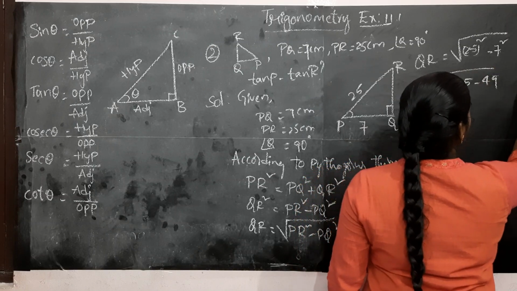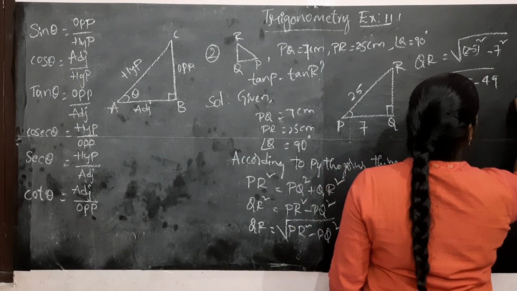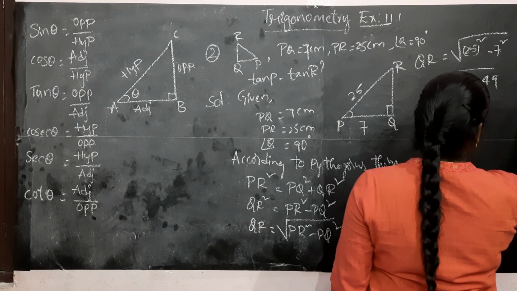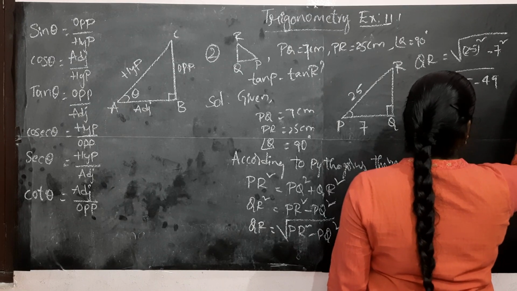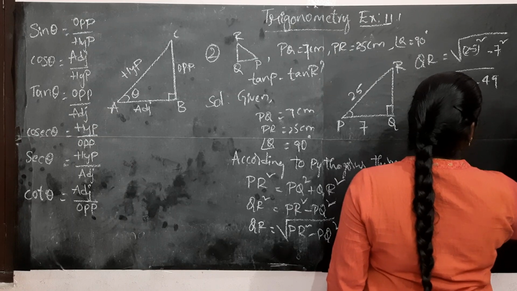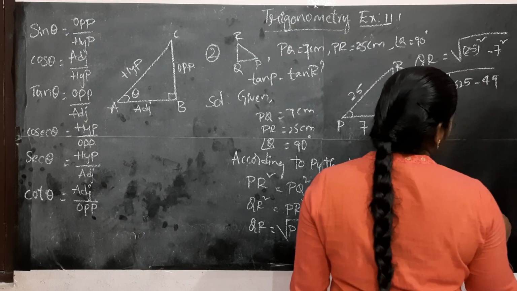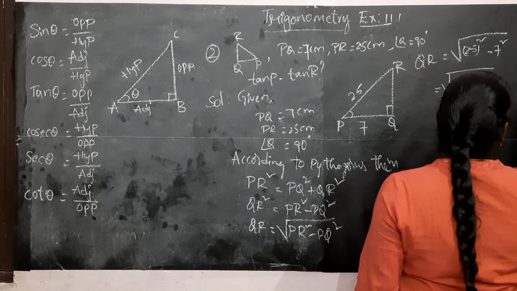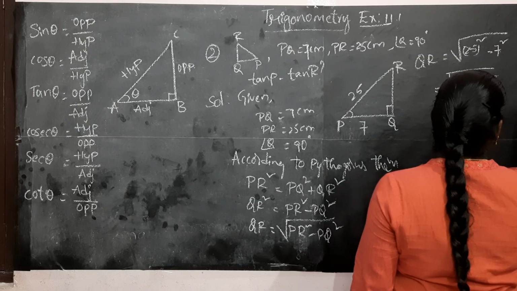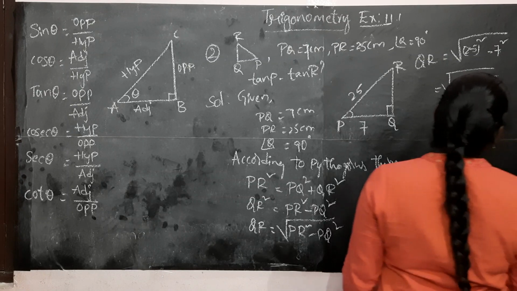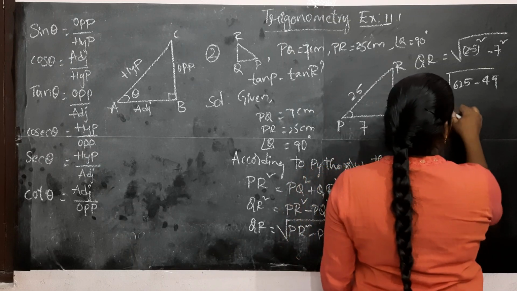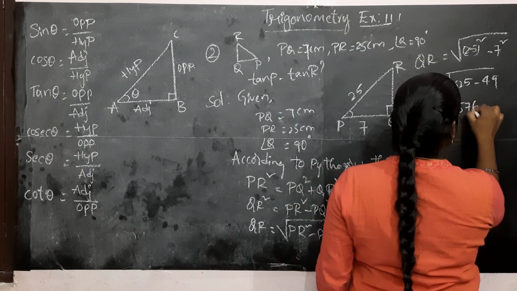So do the subtraction. 625 minus 49, 15 minus 9 is 6. And 11 minus 4 is 7. Alright, 576. Under root of 576.